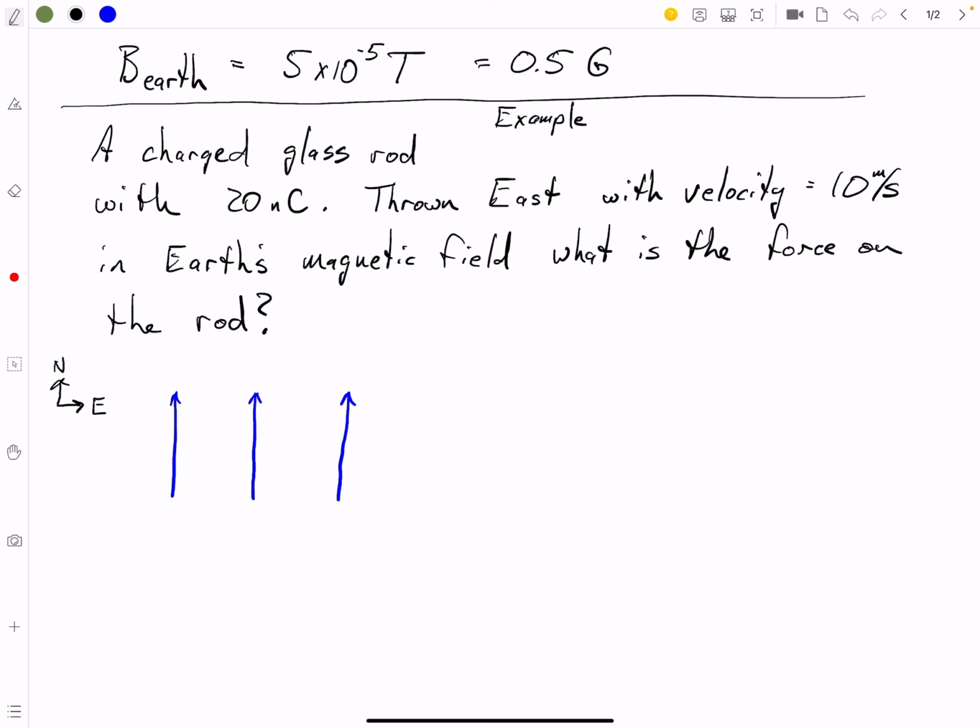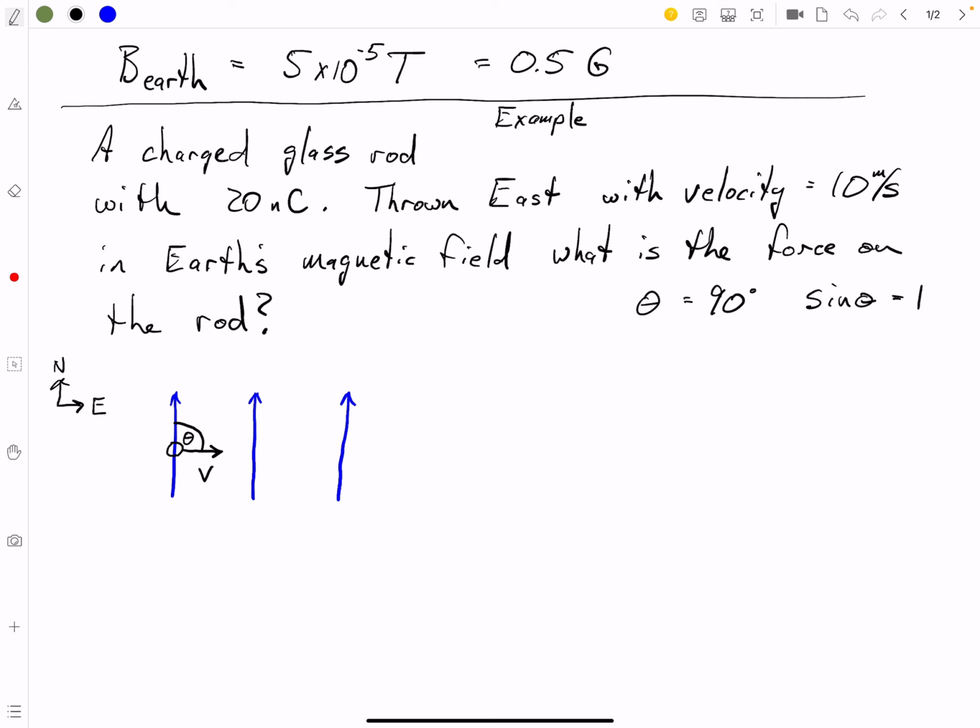We've got a glass rod that we are throwing in this direction with a certain V. We already know it's directly east, so theta is equal to 90 degrees. The sine of 90 degrees is 1. Hopefully you remember that.